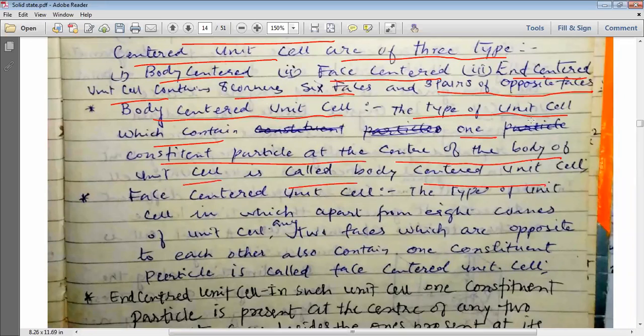So apart from the 8 corners, the body-centered unit cell has one particle present at the center of the body. Then we have the next.